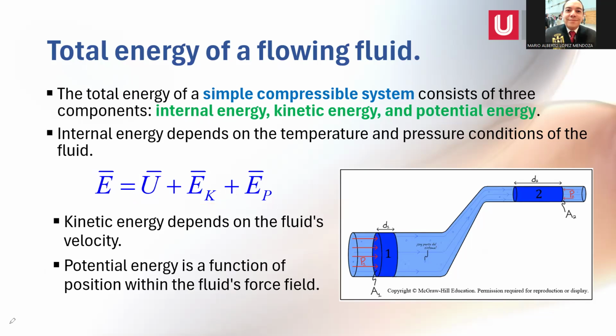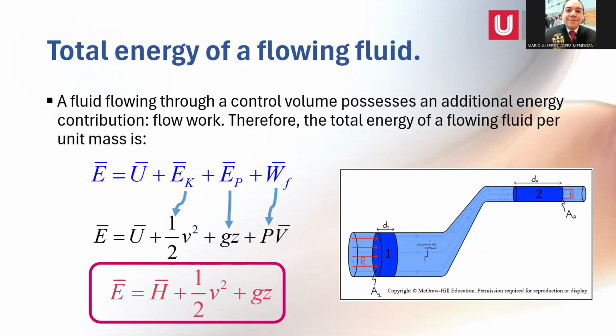So, what happens when we have a fluid flowing through a control volume? In this case, we need to include an additional energy contribution, that is the flow work. Obviously, when we have this flowing fluid, we need this work in order to promote the motion of the fluid along the pipe, for example.